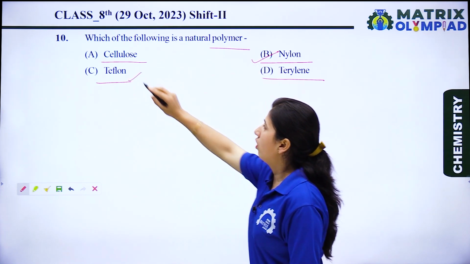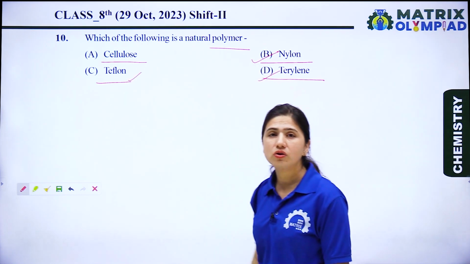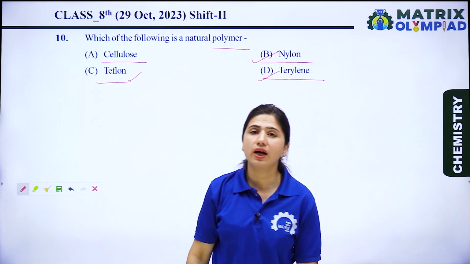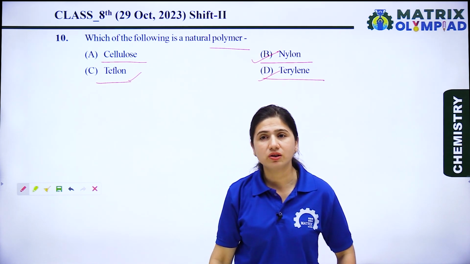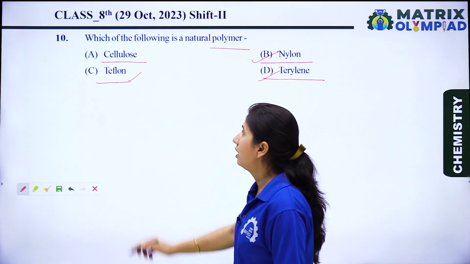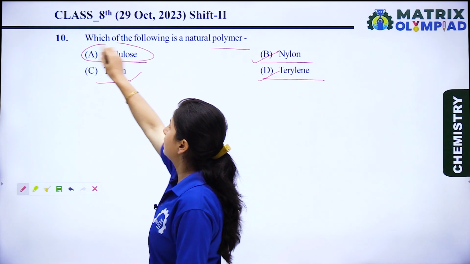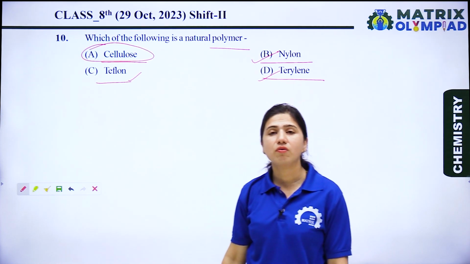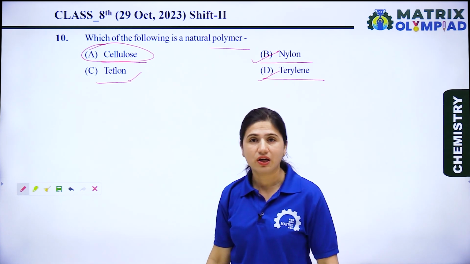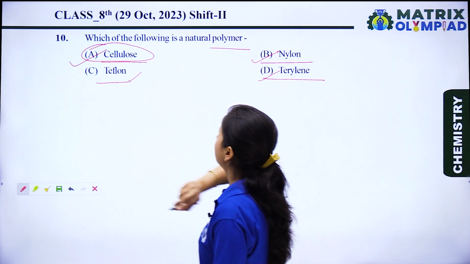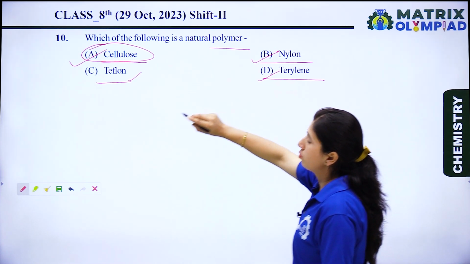Nylon, Teflon and terylene are all synthetic polymers, means man-made polymers which are synthesized in labs. But cellulose is a natural polymer which is obtained from plants. Generally, the cell wall of plants is made of cellulose. So option A is the right option for this question.